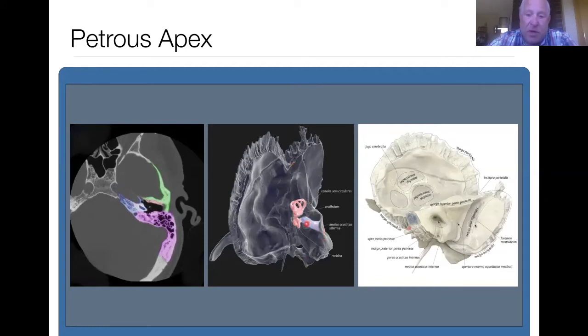We have the internal auditory canal, semicircular canal, vestibule, and cochlea. And this is the region of the Petrous Apex, which houses the carotid artery. And in this image here, which looks at the osseous structures of the temporal bone, we can see the internal auditory canal, and just anterior in this zone here is the Petrous Apex with the carotid artery in that location.